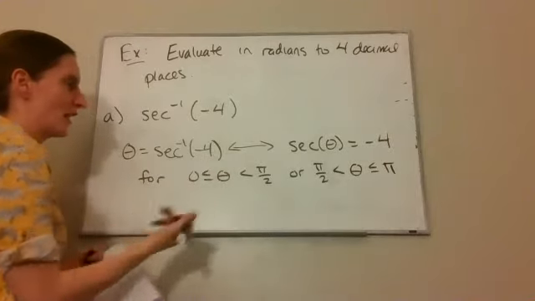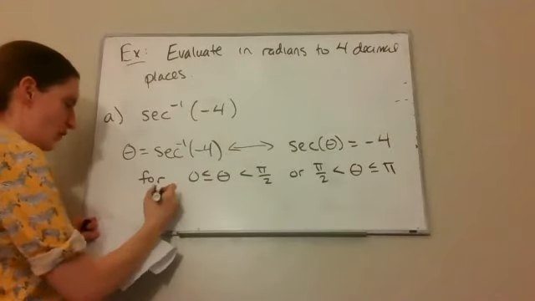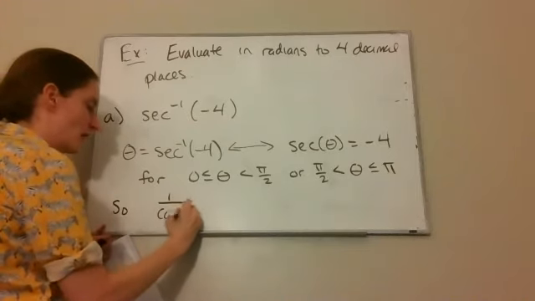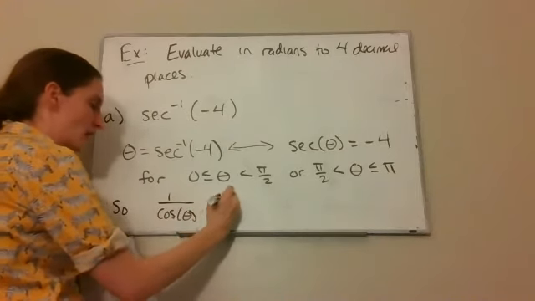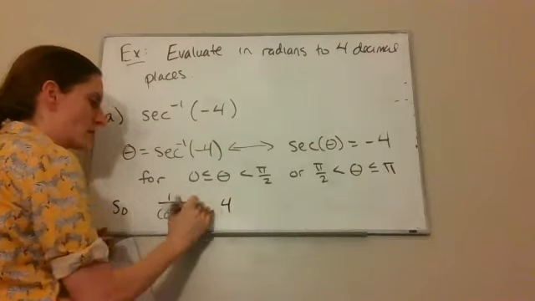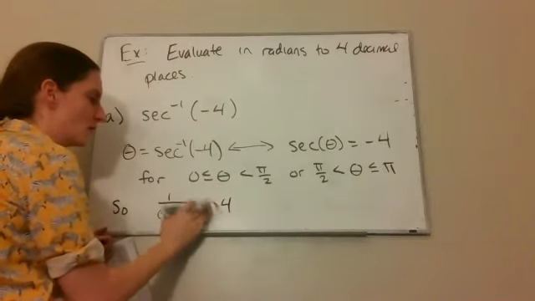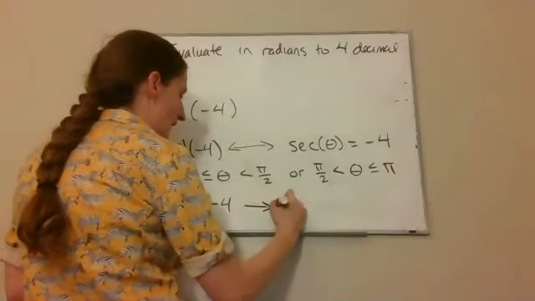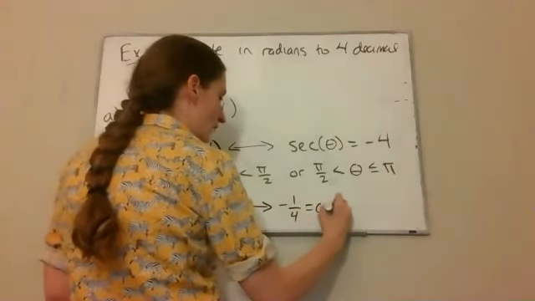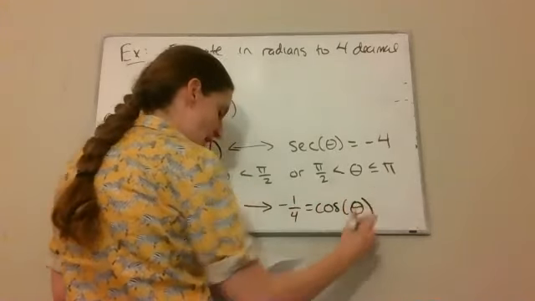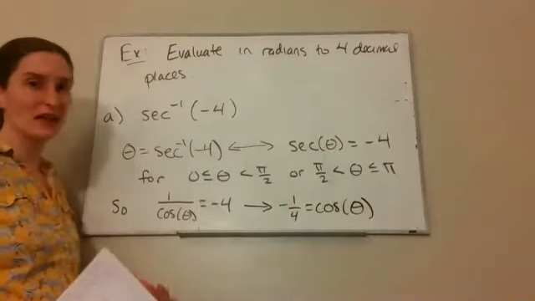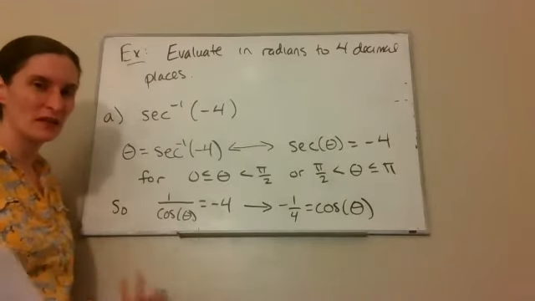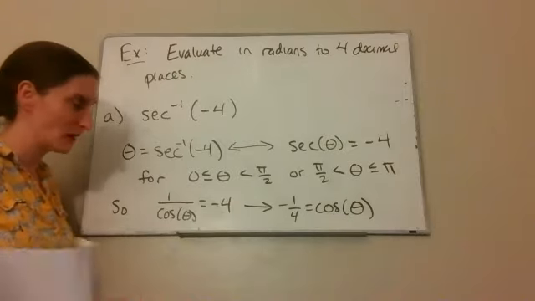Now, if secant of theta is -4, well, secant is the same thing as 1 over cosine. So 1 over cosine of theta is -4. And so that means that -1/4 is equal to cosine of theta. And now I have something I can use my calculator for. Notice we don't have an inverse secant button on a calculator, at least not most calculators.